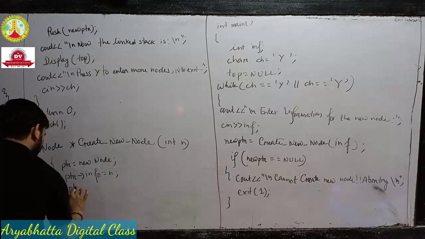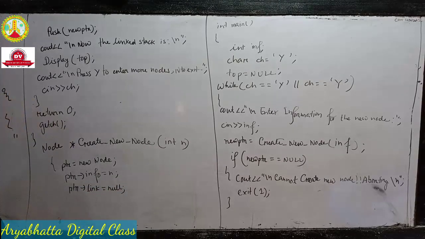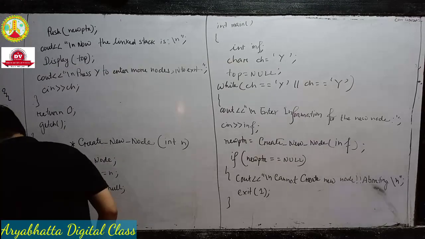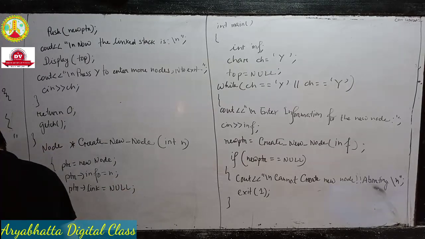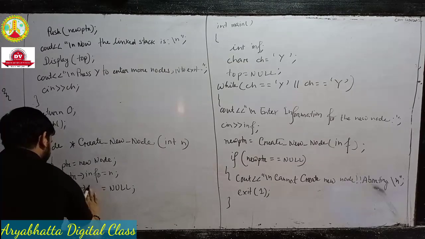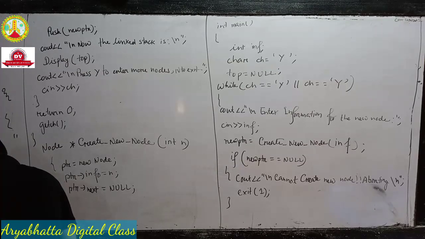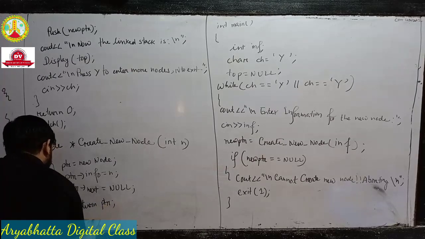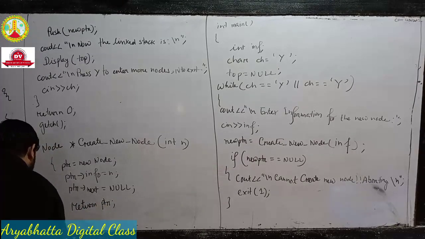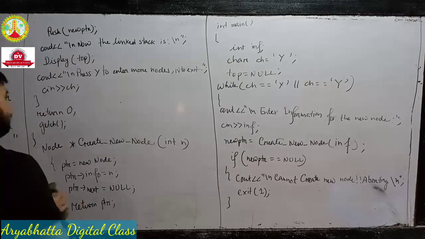Ptr link part will be initially null, because this is independent until it is inserted. Okay. A link, or you can write next also because we use the next ptr. Okay. And this will be return ptr. Return ptr means you have to create the node and return it to the main function for insertion.